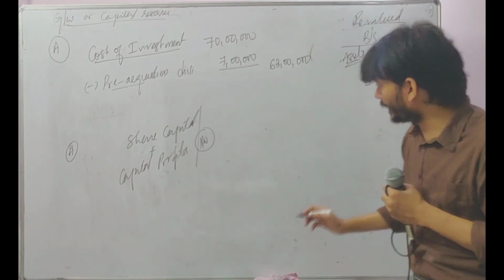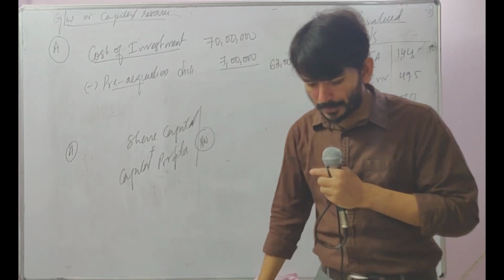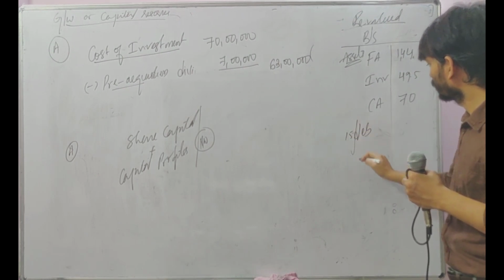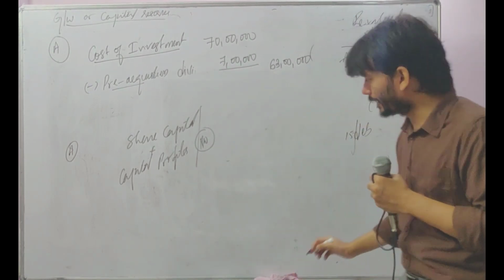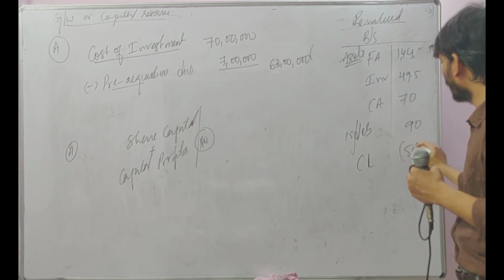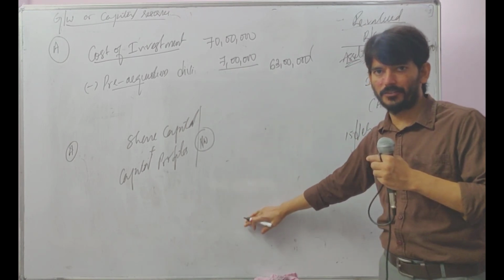And then current assets 70, 15% debentures, how much? 90, and current liabilities 50. So these two minus, because I told you just now for the balance sheet figure, right?